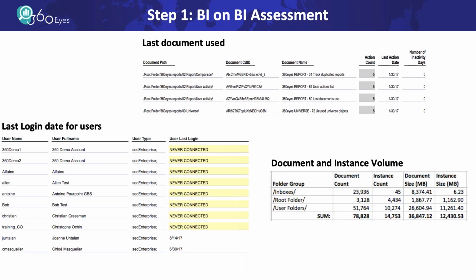Thank you, Nathan. So in terms of the preparation, it's best done with 360Eyes, our BI on BI solution, and that also helps you to perform an assessment on your current BOBJ landscape, and you can ascertain certain things such as usage, non-usage of documents, so whether it actually warrants keeping everything and moving everything across to 4.2. You can also find out when the users last logged on, so you can clean up your user accounts, and you can also get an overview of how many documents and how many instances you have in your file store.